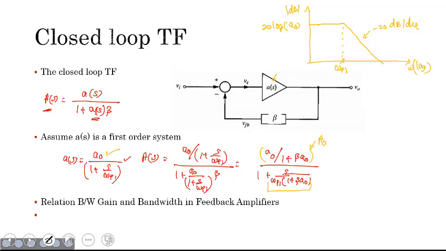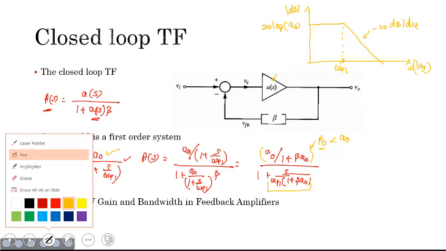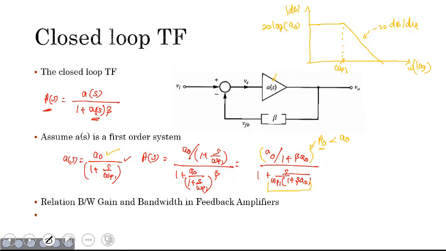So now that we have introduced a negative feedback system with some factor of beta here, it's obvious this capital A naught will have a value that is less than the value of small A naught for frequencies less than omega p1, right? So if I want to overlay the plot of this capital A naught onto the same graph, let me choose a different color.